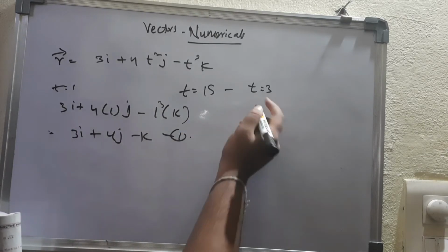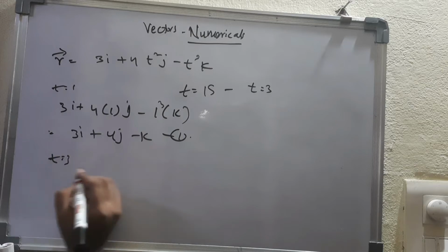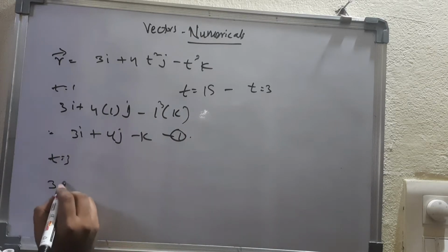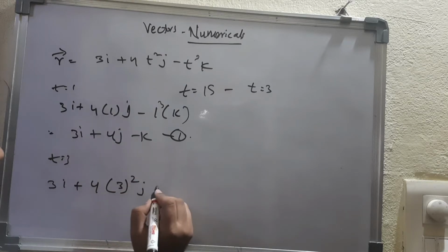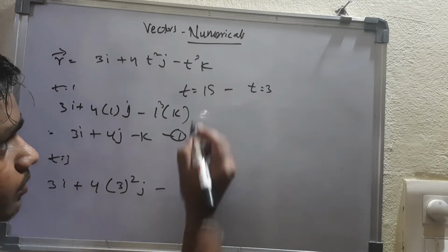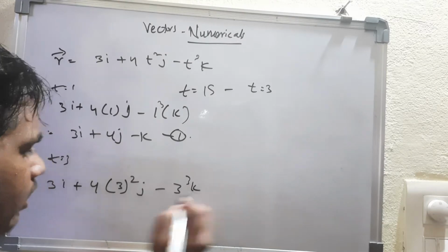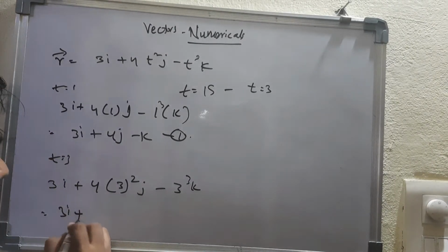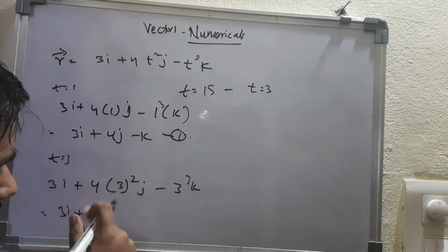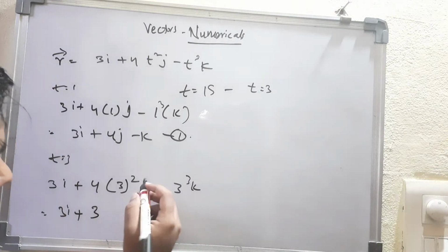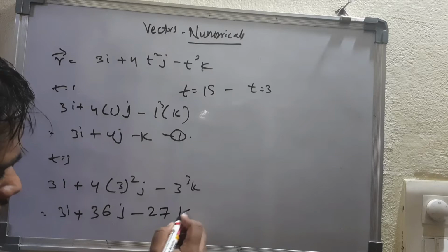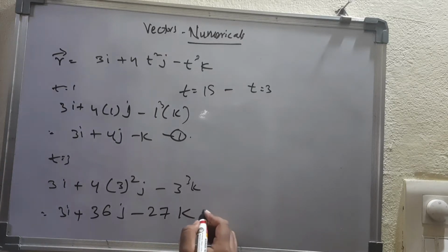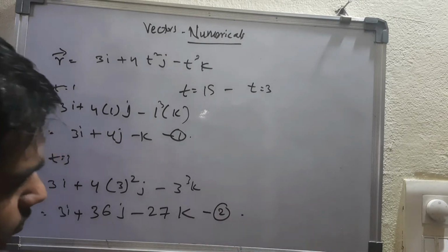This is r1. Now substitute t equals 3: 3i plus 4 into 3 square into j minus 3 cube into k, which is 3i plus 3 square 9, 9 fours are 36j minus 27k. This will be the second one.